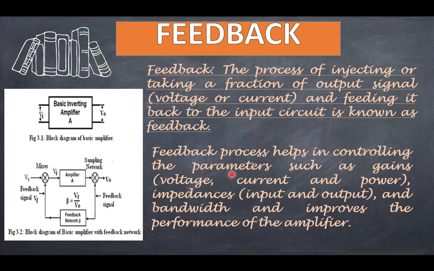As soon as I say parameters, the amplifier's parameters we should consider are voltage gain, current gain, power gain, input impedance, output impedance, and bandwidth. So by using this feedback signal, we can control any one or all the parameters of the amplifier. By controlling these parameters, I can improve the performance of the amplifier.